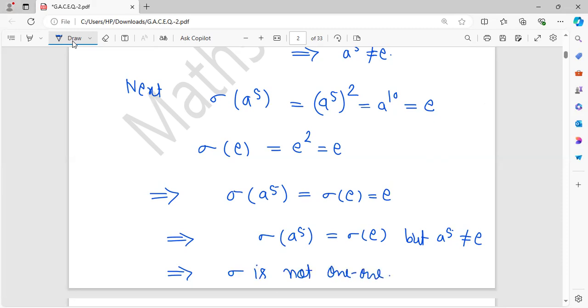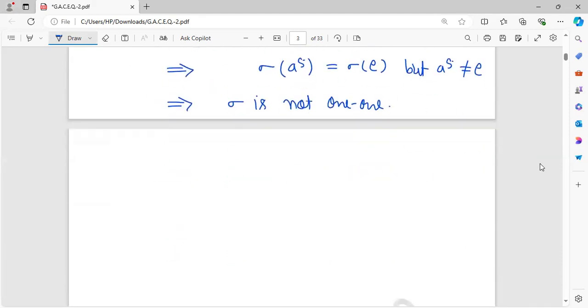Sigma is not 1-1. So we know that an automorphism is always 1-1. So this implies sigma is not an automorphism.